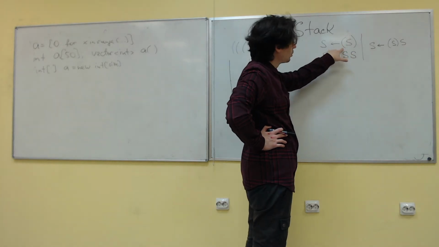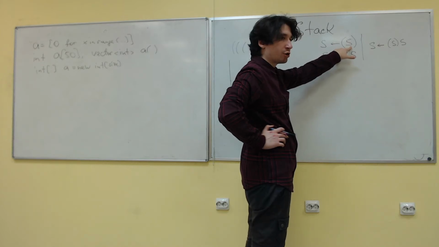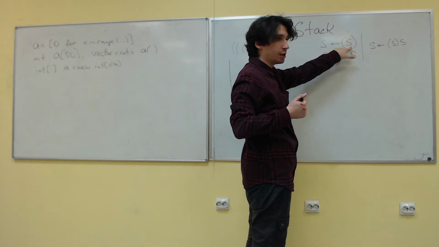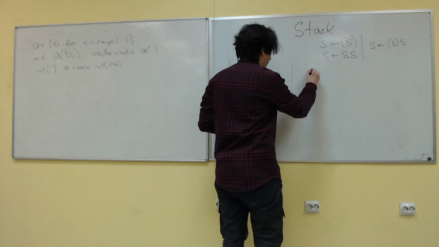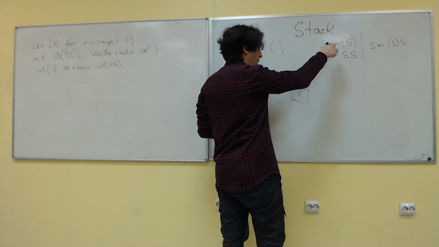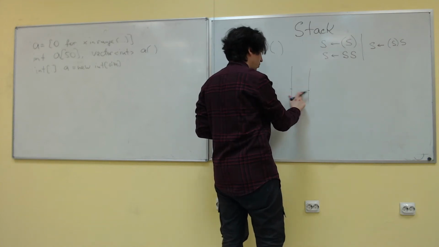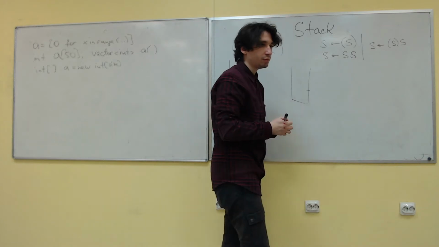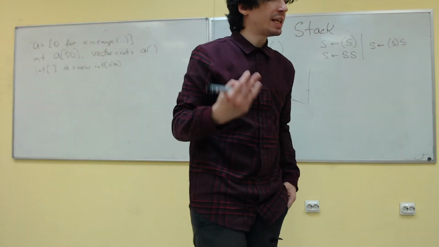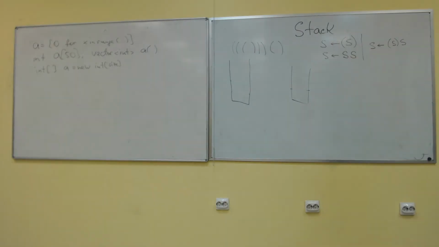And here we put an open bracket, then we put the whole correct bracket sequence S that returns an empty stack, and then we have a closed bracket that removes the last bracket from here. So this means if the stack is empty, then the bracket sequence is correct, and vice versa. If it is correct, then the stack is empty.